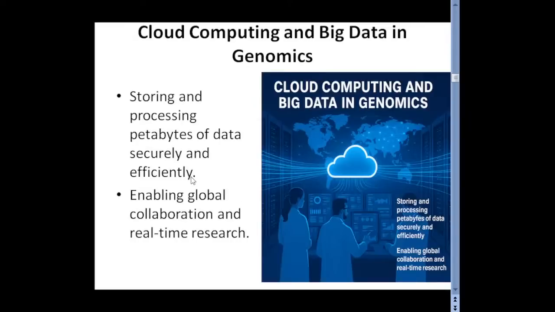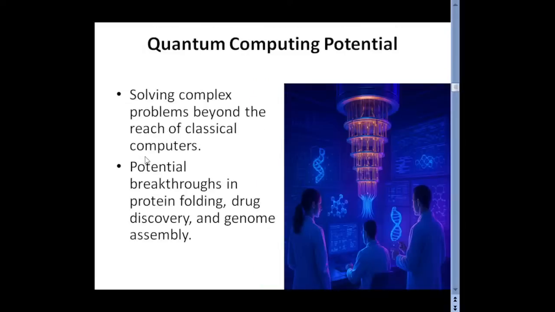Okay. So the next thing is quantum computing potential. Bioinformatics is also very relevant, and you should be able to solve very complex problems beyond the reach of classical computers.